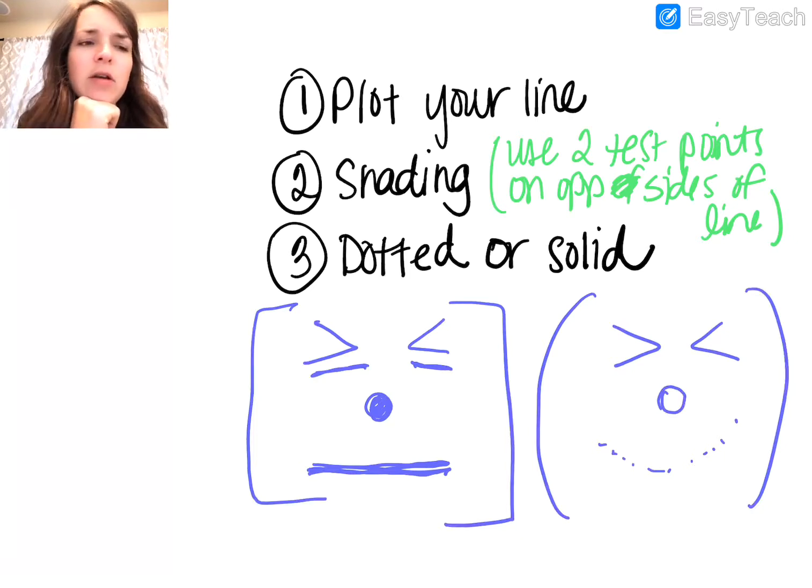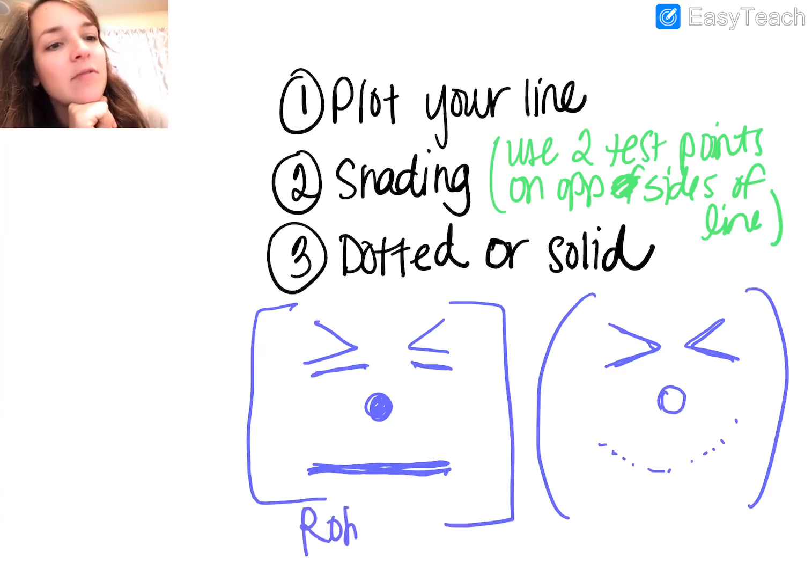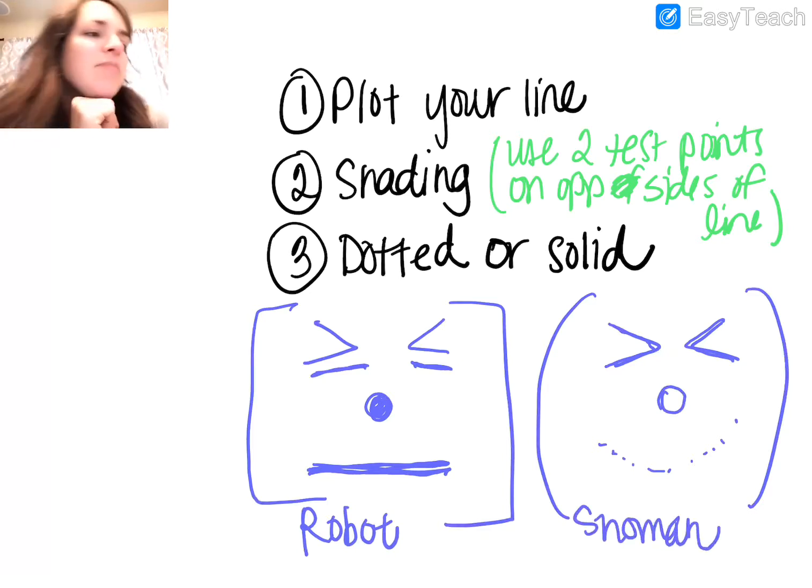If your inequality signs look like the eyes of the snowman and do not have the little line underneath, then your line is going to look like the mouth of the snowman, dotted. See, simple. Robot and snowman. Let's just label them. You guys should work on coming up with some good names for them. They need names. I just call them the robot and the snowman. Y'all work on that and get back to me.